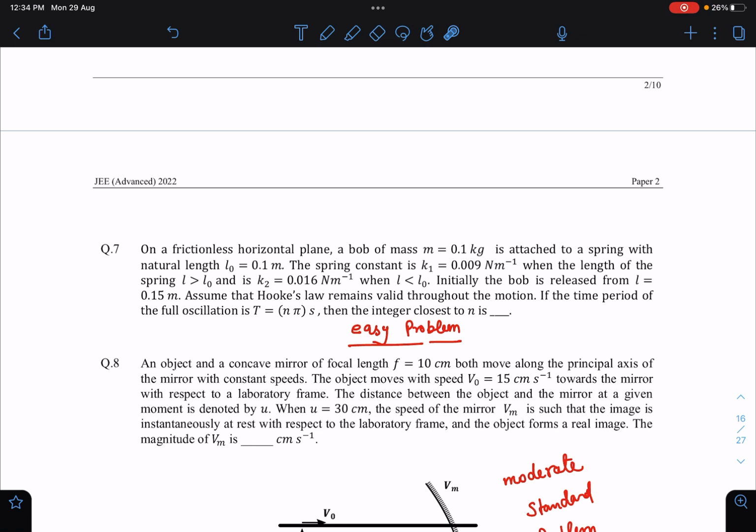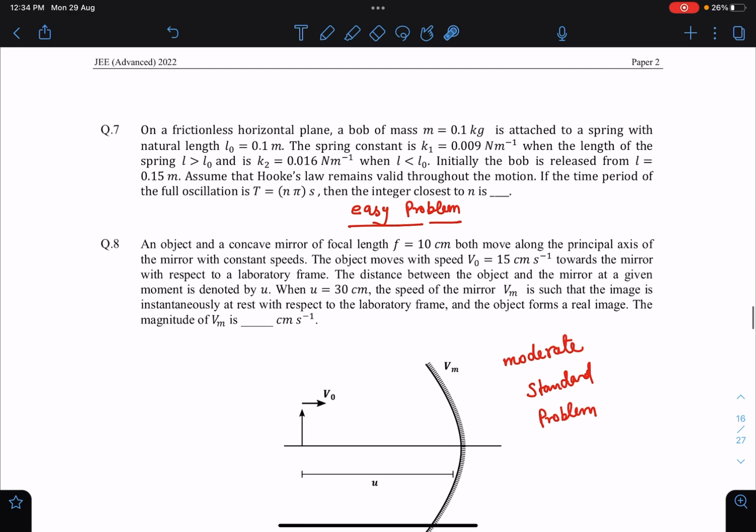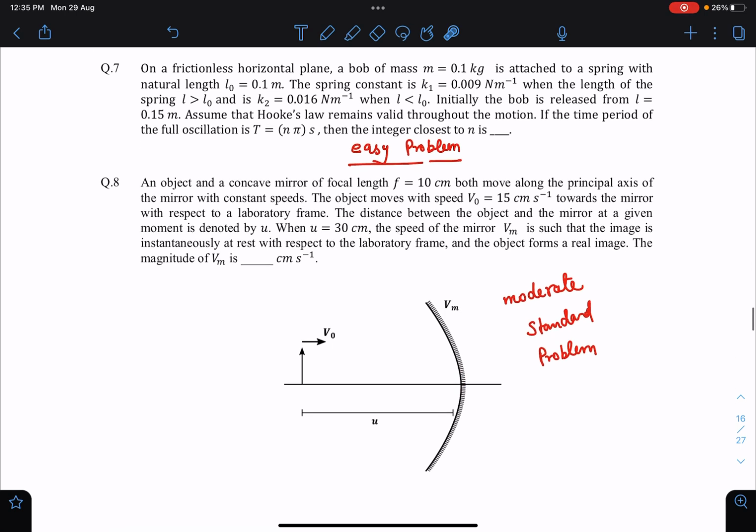I think the majority of the students would have calculated this. And in this second paper, numericals were somewhat relatively easier, I have seen. And this is another standard problem from nearly all textbooks, and the class notes will have this problem.